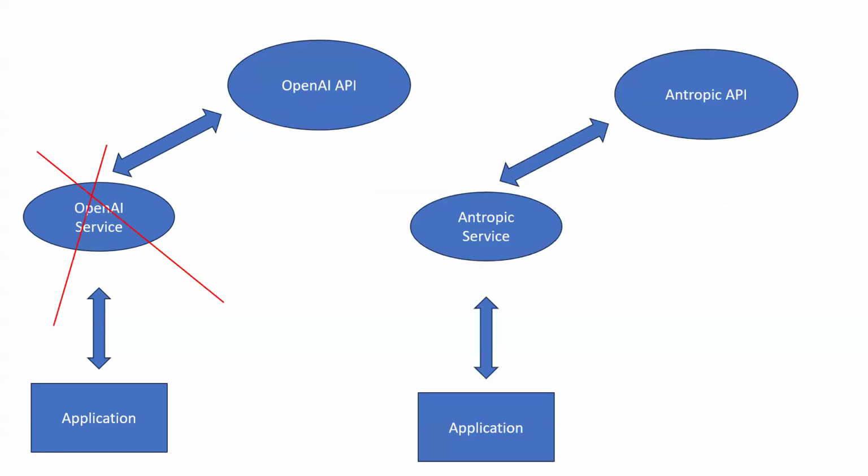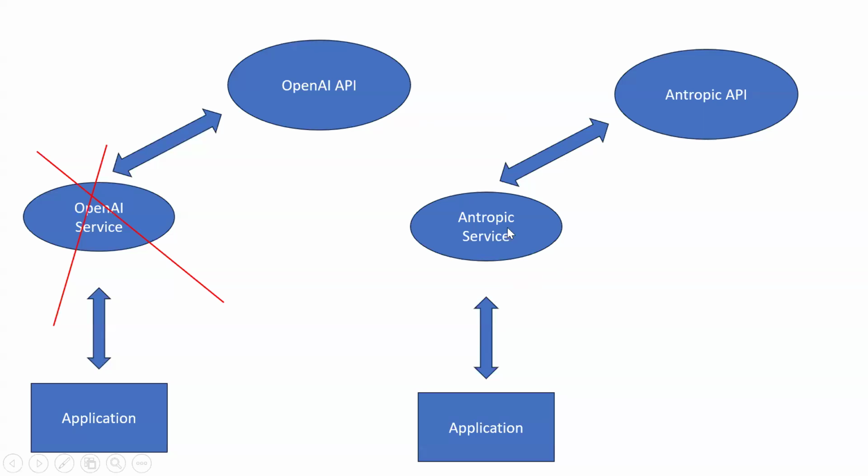But let's say after building this application, Anthropic says that now they have released a new model which is 10 times faster than the OpenAI model, and maybe 10 times cheaper also. So now we have to use Anthropic. We have to change our code.